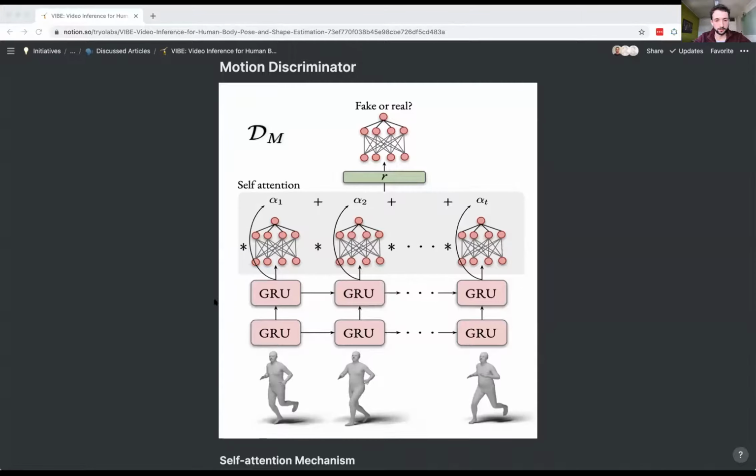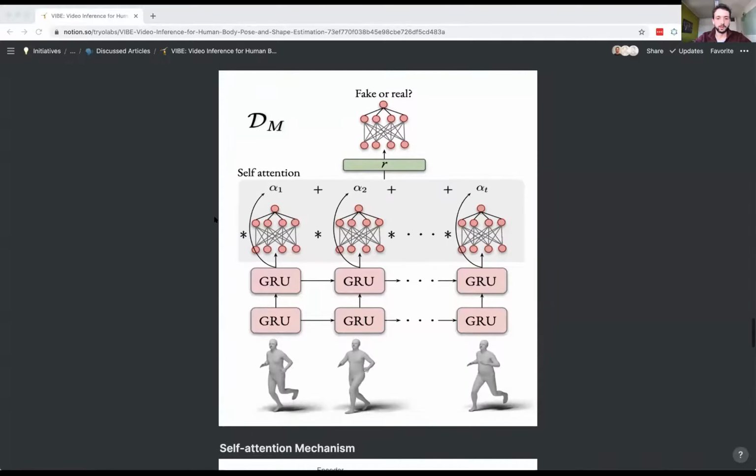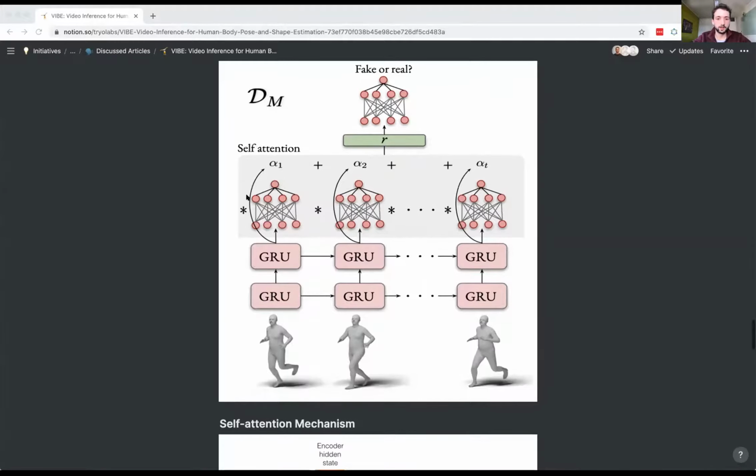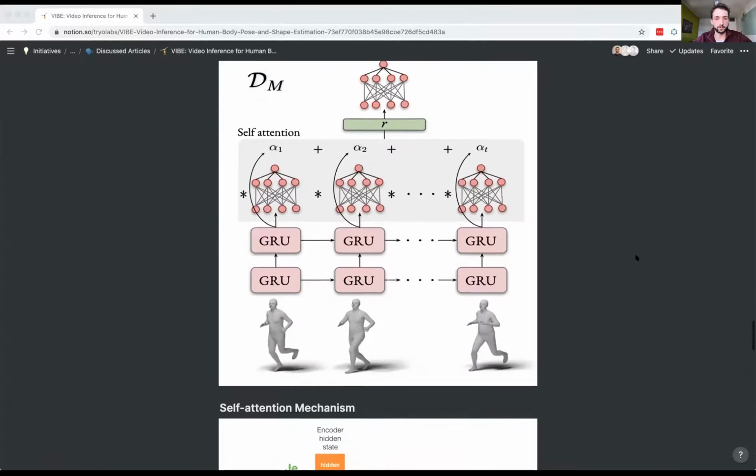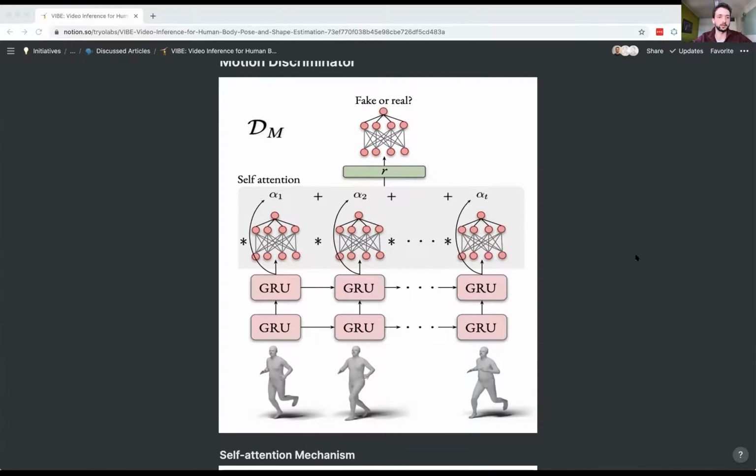Okay, so we have the same two stacked GRUs and the two feed-forward layers. And the interesting thing is that the motion discriminator also adds a self-attention mechanism. So here the thing is that when you have processed the whole video, because the GRU has past information, you'll have a summary on the last inference of all the frames.